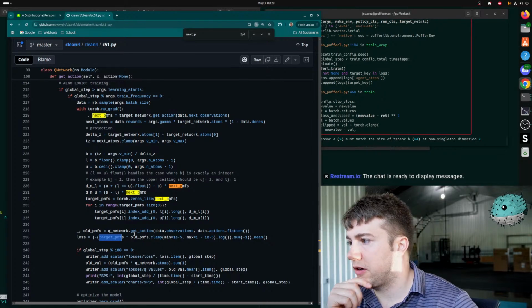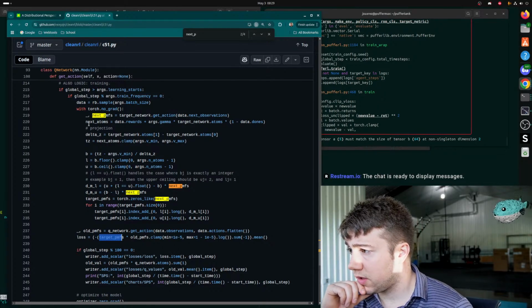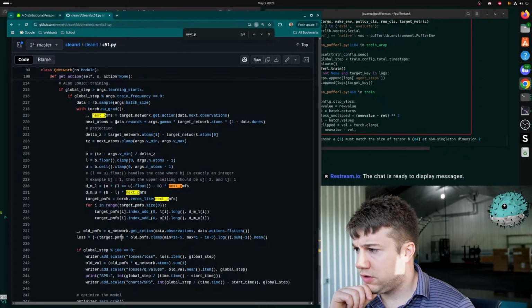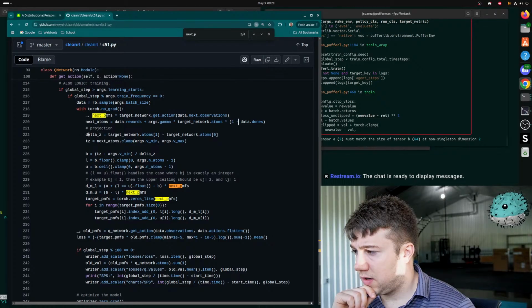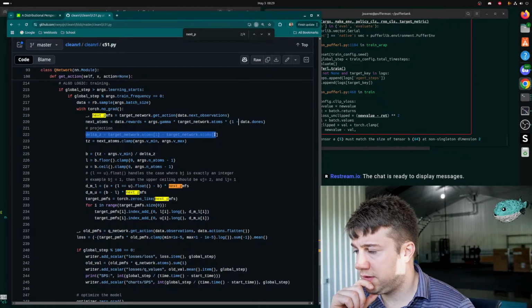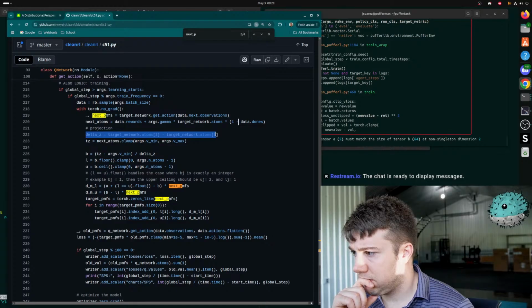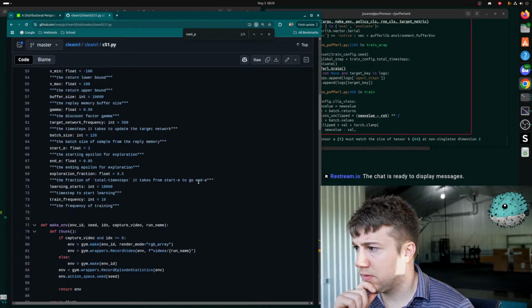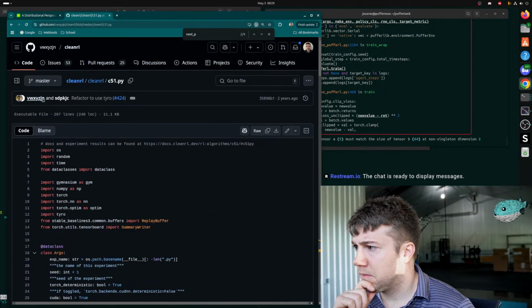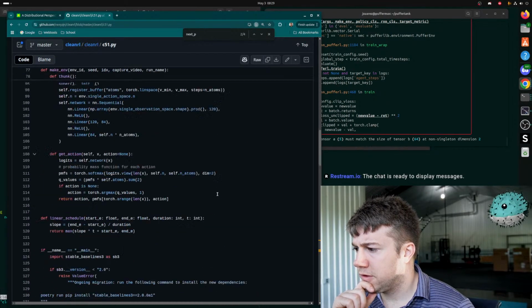So what are they doing here? They're saying they take rewards plus discounted values. And then here is this delta. Who wrote this code, I wonder? Is this Costa's code? Some of it.